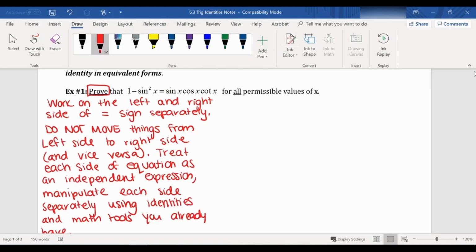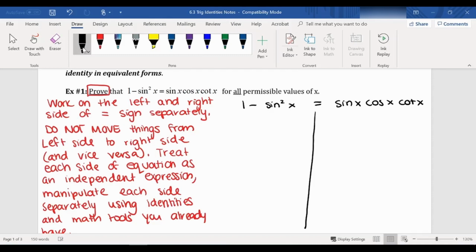What I like to do when I do my proofs, I'm going to draw in the question here, is I draw myself literally a line down the middle. Oh, that's a very sideways line. Let's try that again. That's a bit better. Okay.